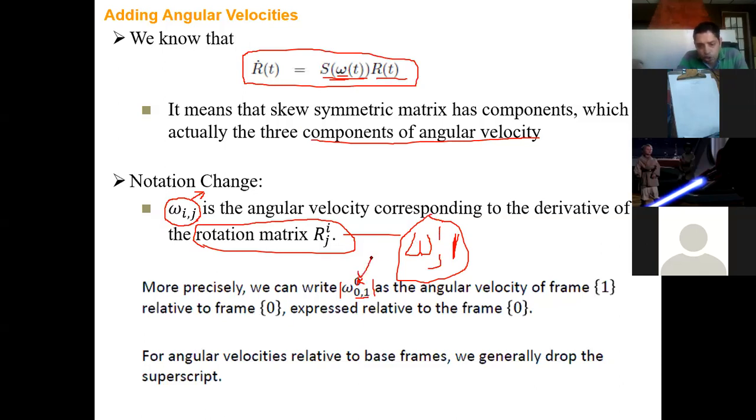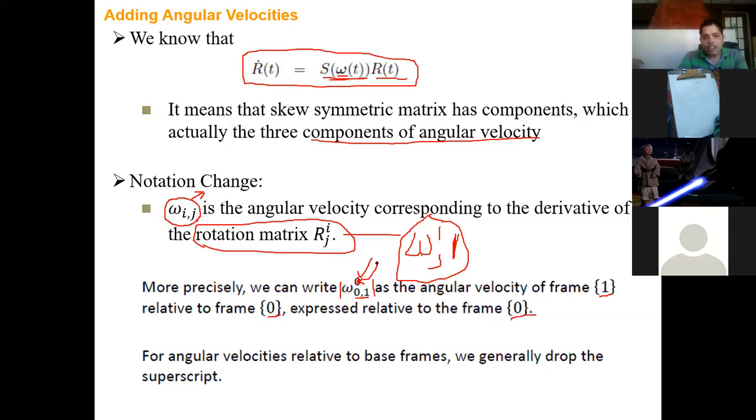The superscript represents expressed in the k frame. In other words, omega 0, 1, 0 means angular velocity of frame 1 with respect to frame 0, written with respect to frame 0.